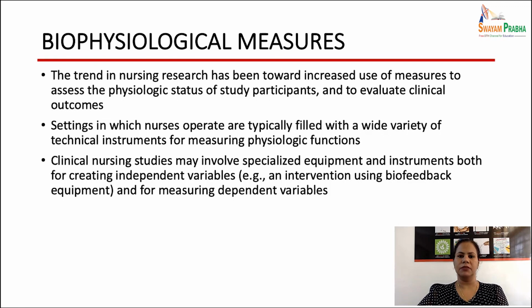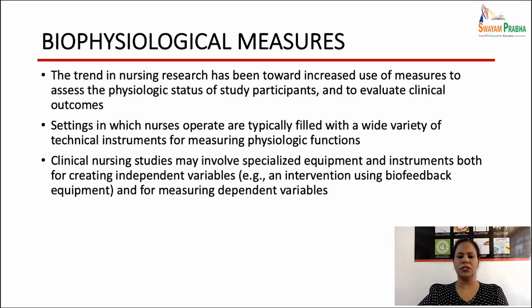For example, sometimes we need to provide the intervention where we might be needing some equipments. For example, if we have to do the hemodynamic monitoring, we need to position the patient, and then we need to check the phlebostatic axis. So those positions can be based upon the phlebostatic axis, for which we might be needing certain instruments.